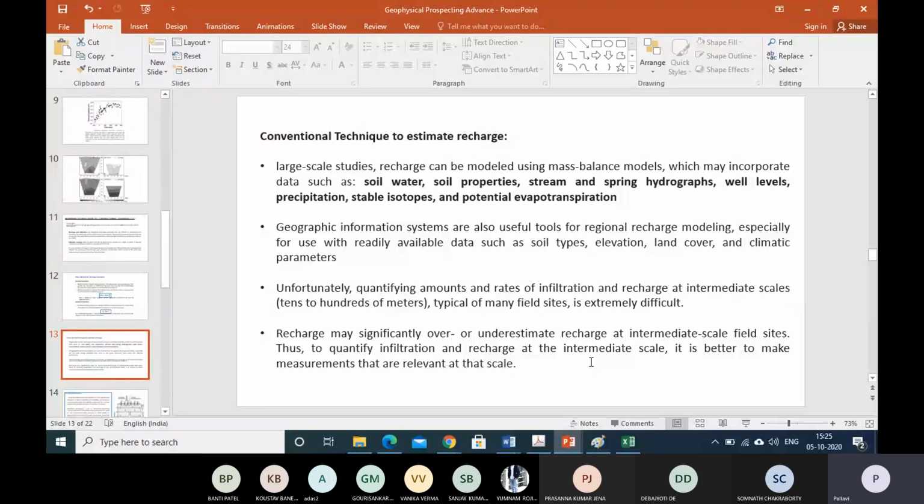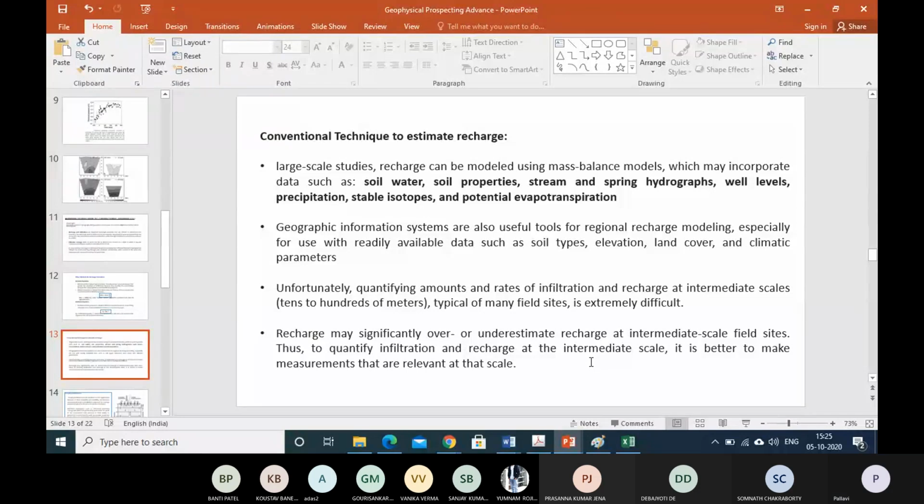Well levels: what groundwater level is already present, that you can get from well inventory data. Precipitation data, how much precipitation, is very important for recharge estimation if you are using equations.